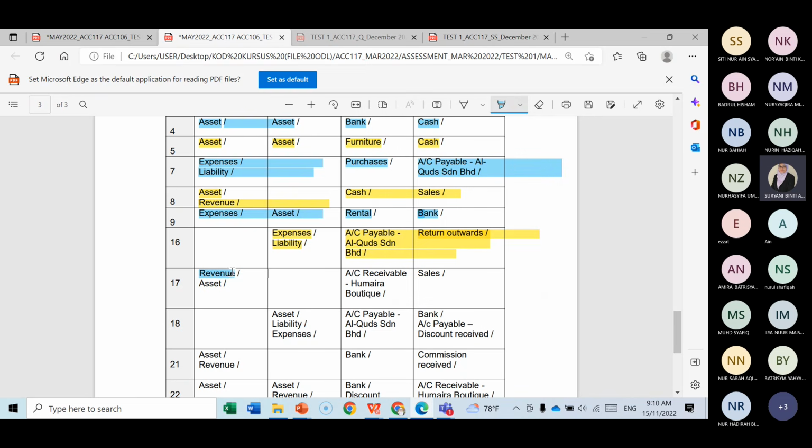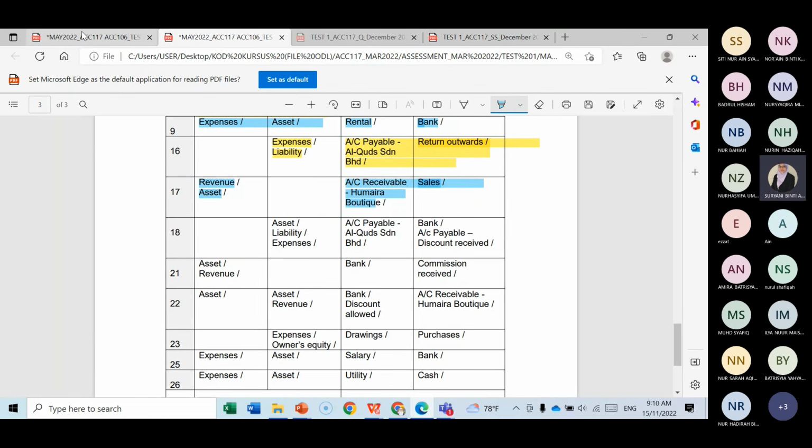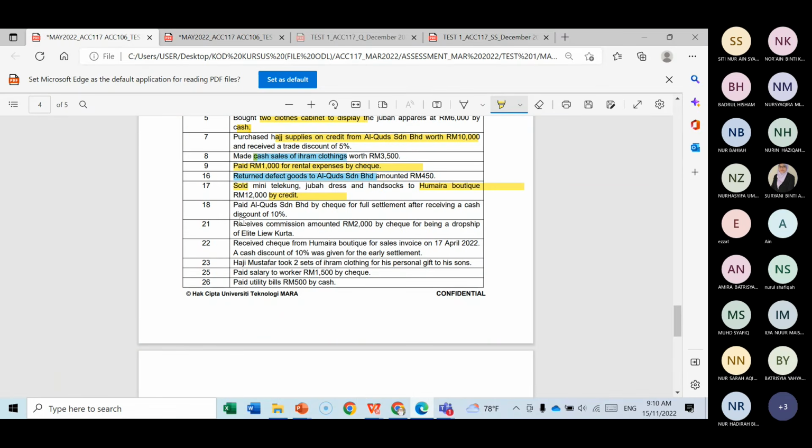Increase in revenue meaning you credit your sales account, and increase in asset meaning you will debit the account receivable Humaira.